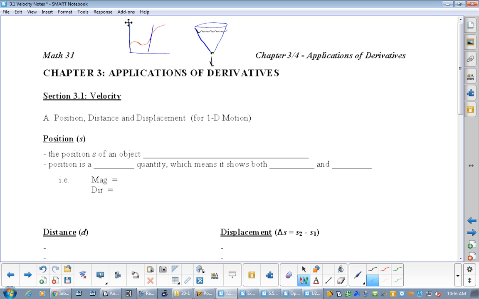Now, what's very different from a question like this and a question like this is that if you had a hole here, do you see how the height would be very consistent? The decrease would be very, very consistent all the way down. That height would stay consistent, right?